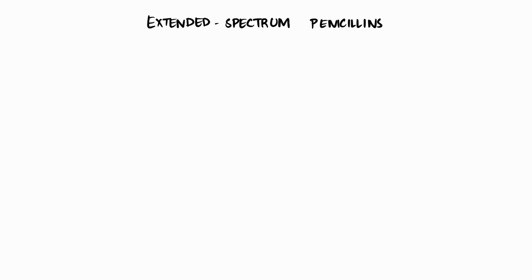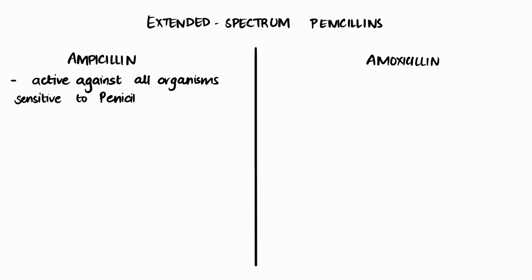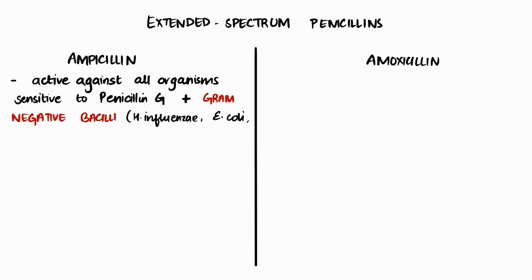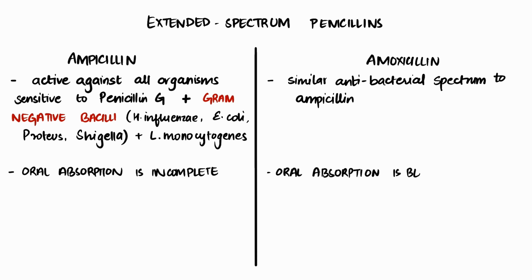Now let's go through ampicillin and amoxicillin. Ampicillin is active against all organisms sensitive to penicillin G, plus the gram-negative bacilli Haemophilus influenzae, E. coli, Proteus, Shigella, and Listeria monocytogenes. Amoxicillin has a similar antibacterial spectrum to ampicillin. With ampicillin, oral absorption is incomplete, whereas oral absorption is better with amoxicillin.